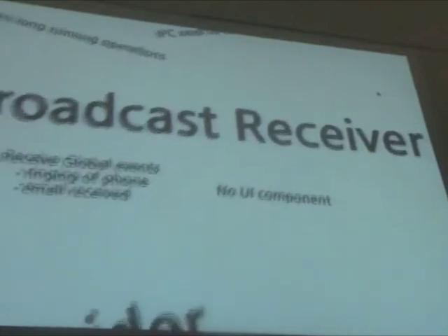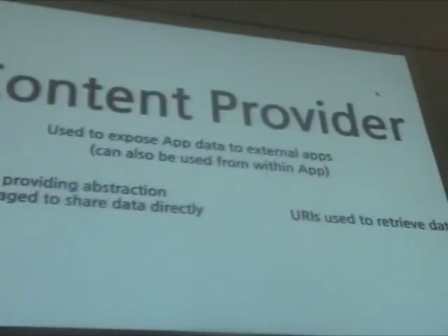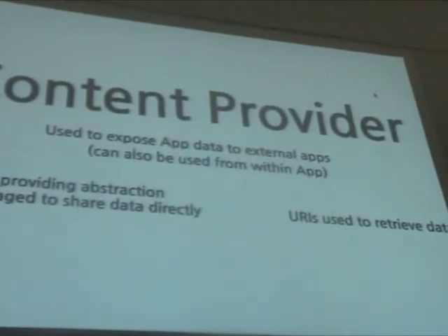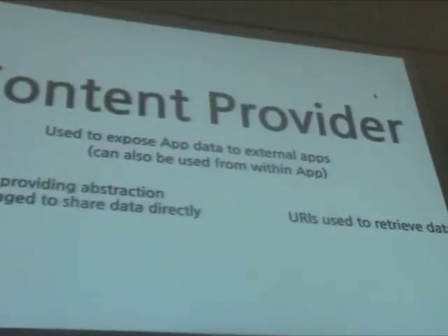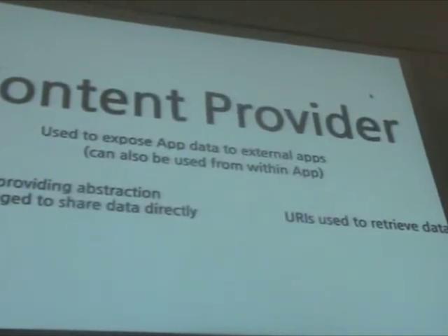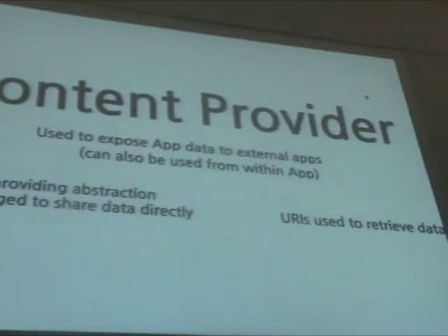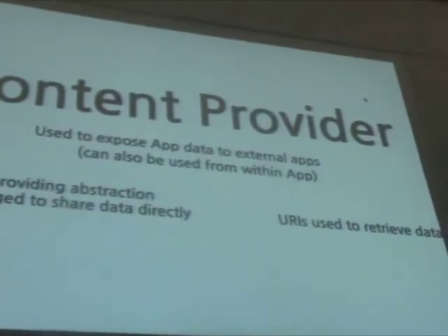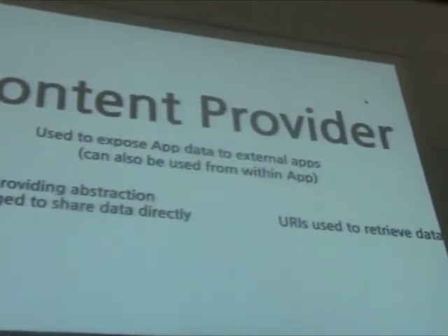So that's the broadcast receiver, and then there are content providers. These are the ones that will allow you to share application data across external applications. You would use a content provider, for example, to access the contact information on the mobile phone. Or else you could create your own content provider to expose the data from your application to other applications.